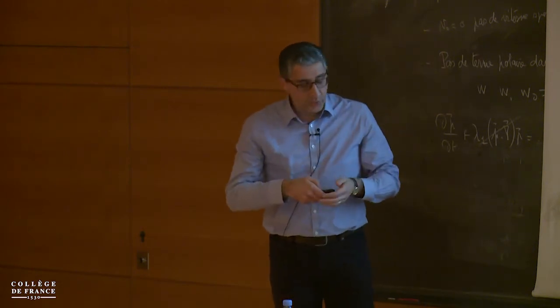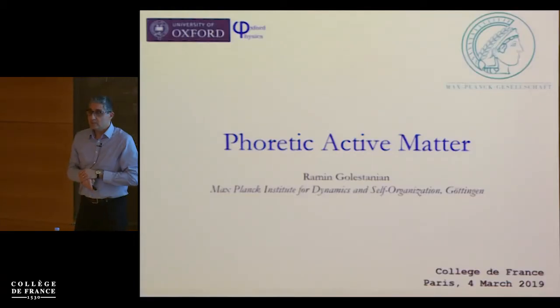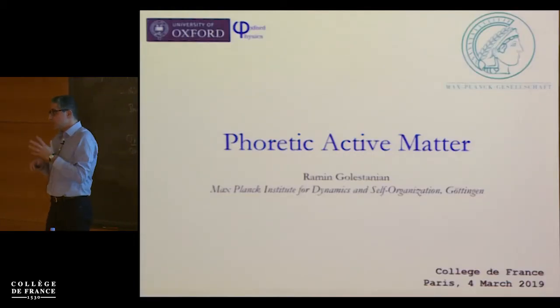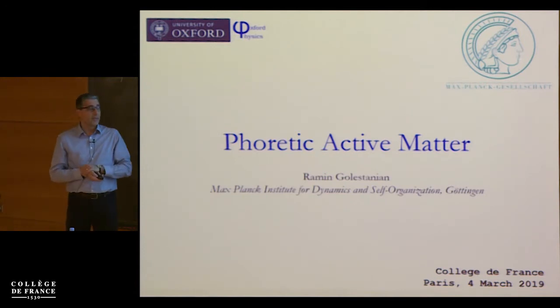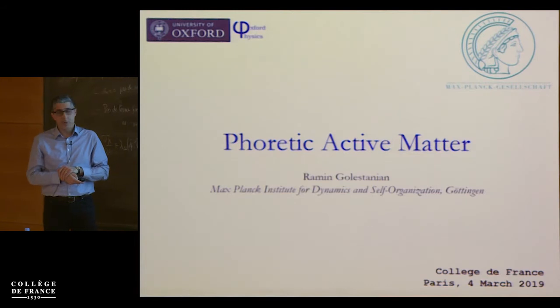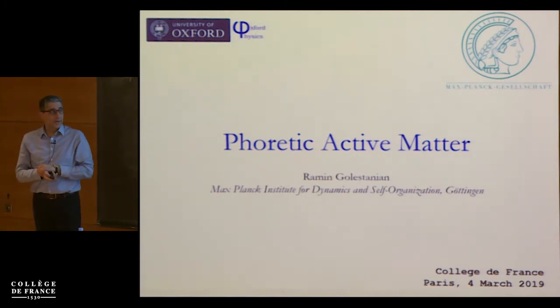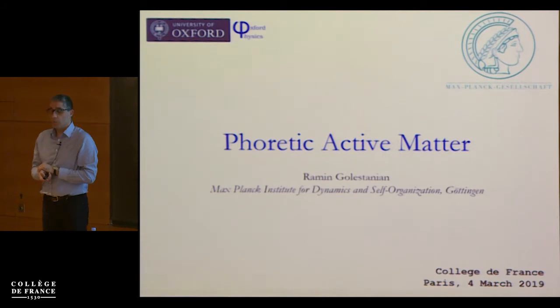So I want to talk to you about one class of active matter which is very commonly used to create these particles that essentially lead to the organization that we heard about. So Jean-François talked about self-propelled particles that have an orientation or polarity which comes from motion or self-propulsion.